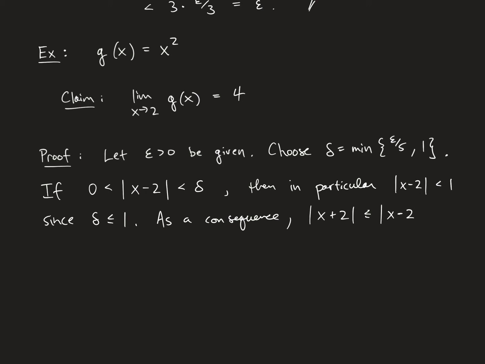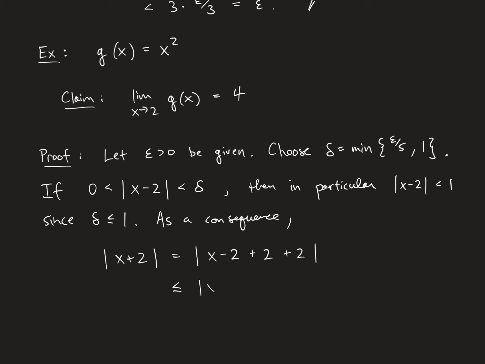Let's make this cleaner. So, the absolute value of x plus 2. I'll be clear about this triangle inequality. Really what we're doing is just a plus minus trick. So we have x minus 2 and then plus 2, plus 2.